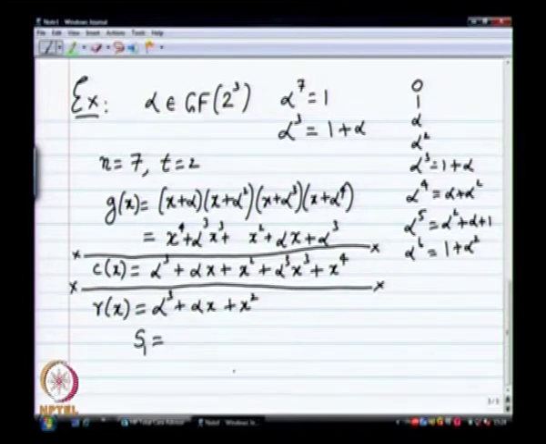S1 is alpha power 3, S2 is alpha power 4, S3 is 0 and S4 is alpha power 5.